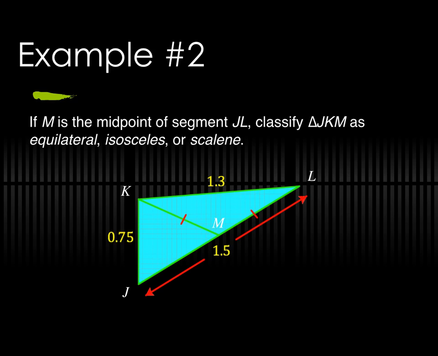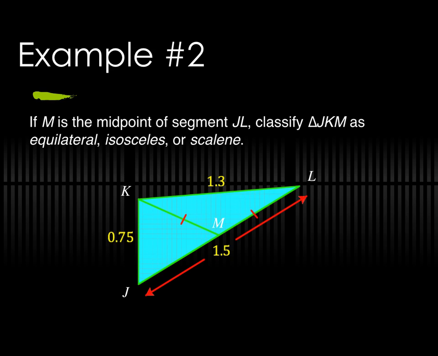So what kind of triangle is jaguar, kangaroo, mongoose? Equilateral. Why? Because if M is the midpoint between J and L, then that means that JM is 7.5.